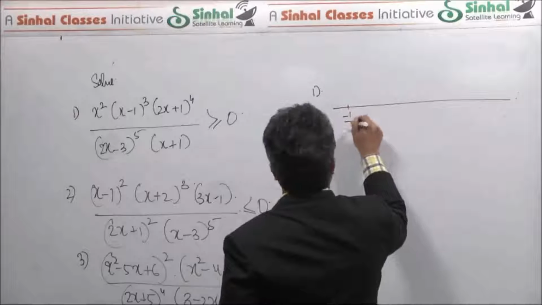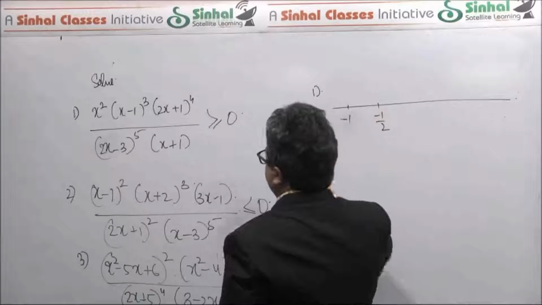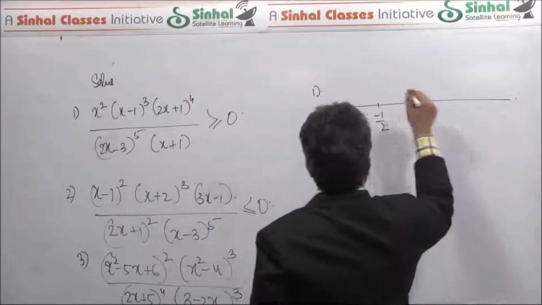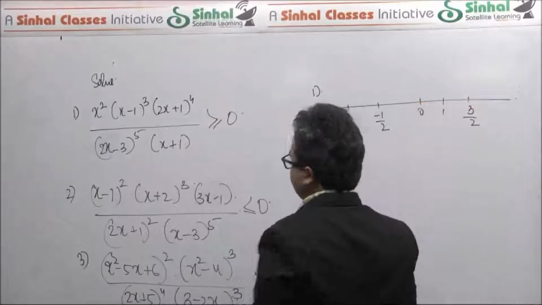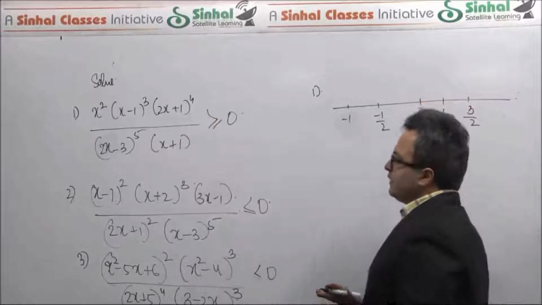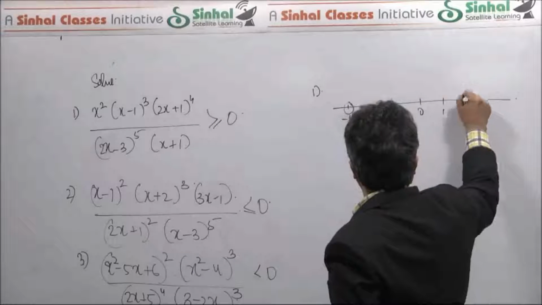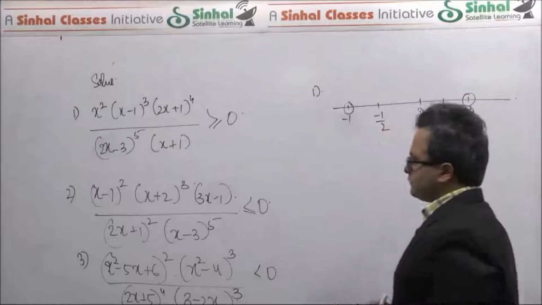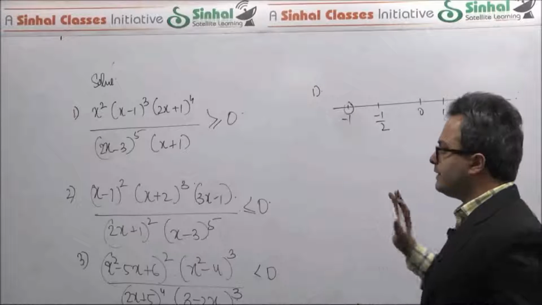Minus half, minus 1, minus half. So we plotted the 5 critical points, of which 3 by 2 and minus 1 are from the denominator.